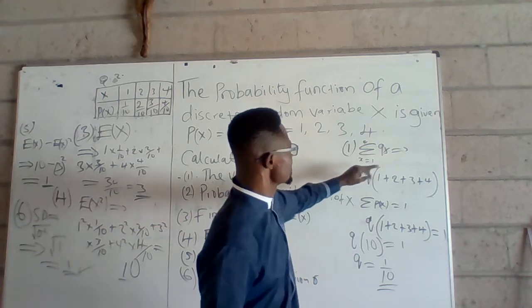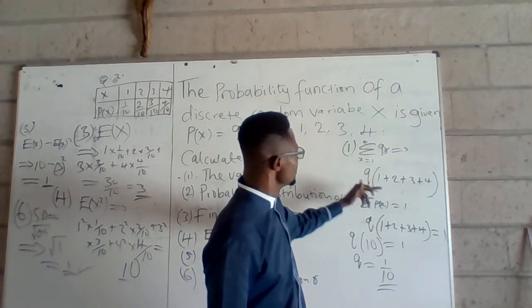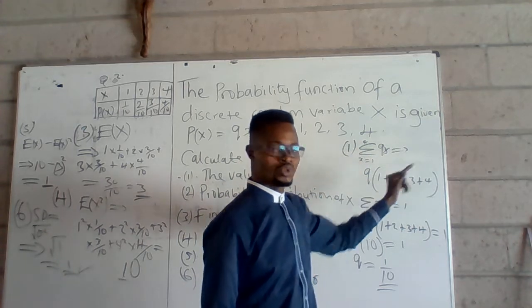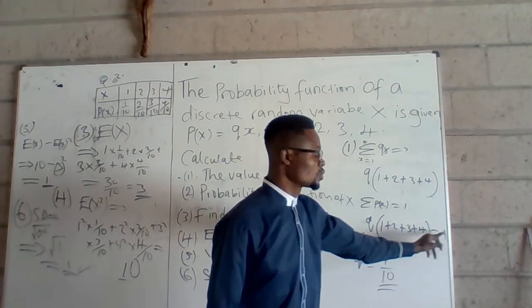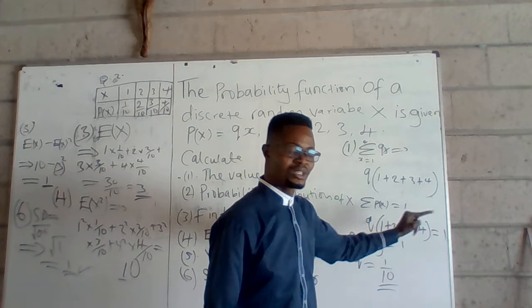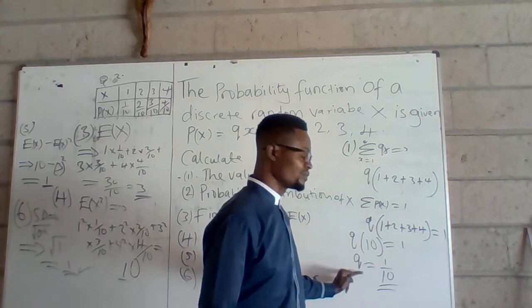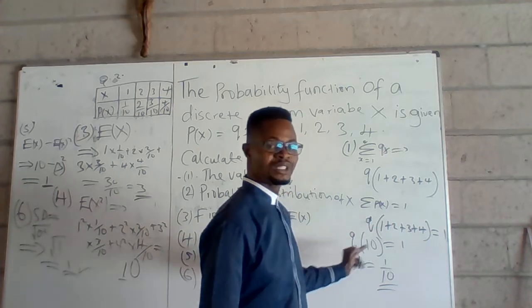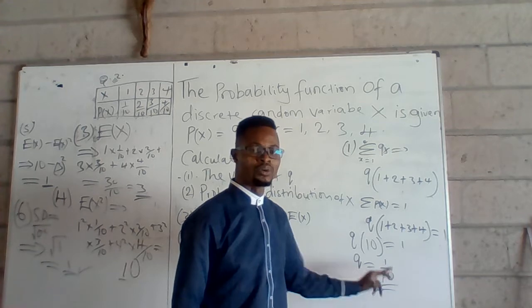But we know that by the law of a discrete random variable, the summation must be equal to 1. Our summation gives us 10, which means that for us to get the value of q, it is simply the reciprocal of that. That's why we ended up with 1 over 10.